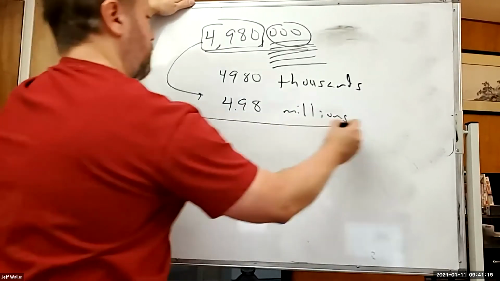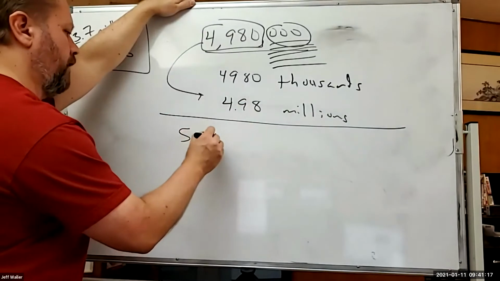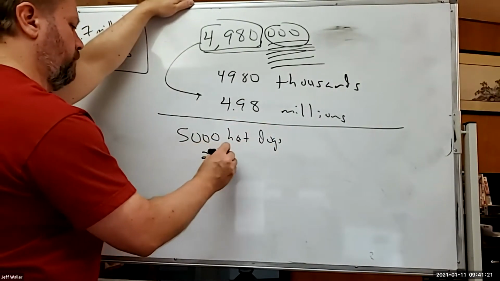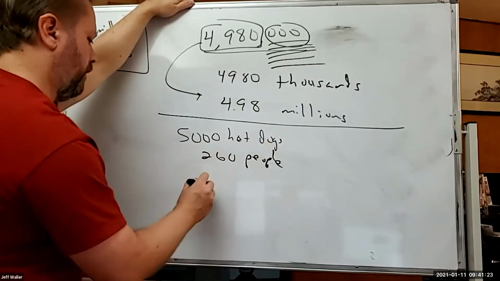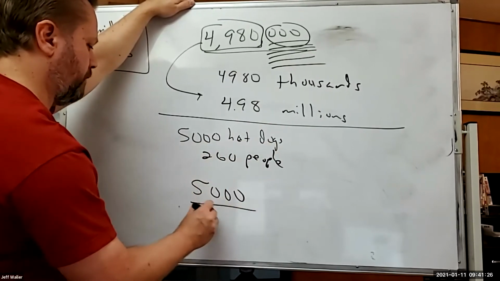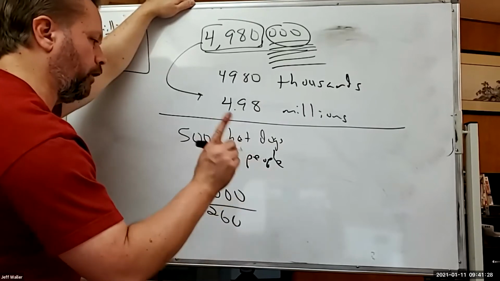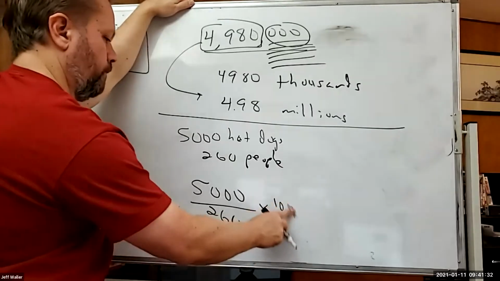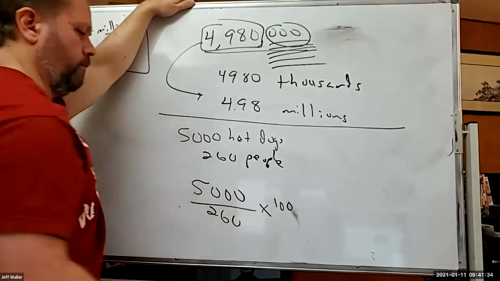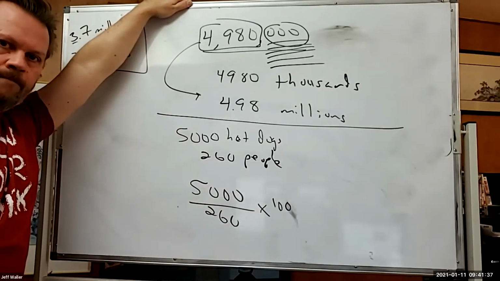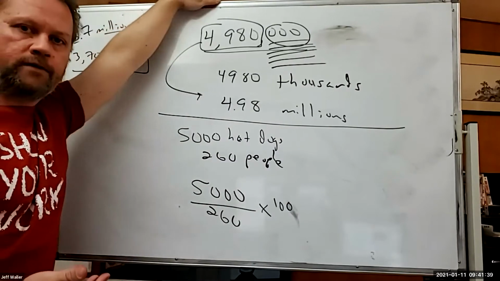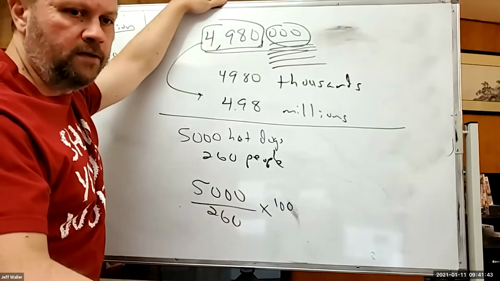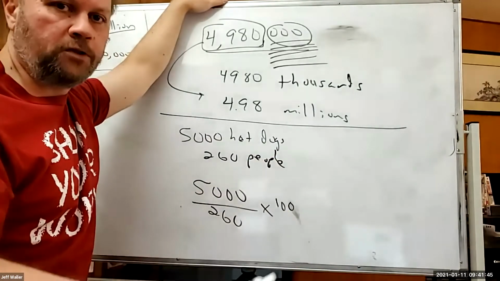All right, now, if I want to do this problem again, 5,000 hot dogs and 260 people, I could do 5,000 divided by 260, and they want it per 100, so I can just multiply this by 100. So that's another way to do this for anything. If they want it per 1,000, you can divide the two numbers and then multiply it by 1,000.